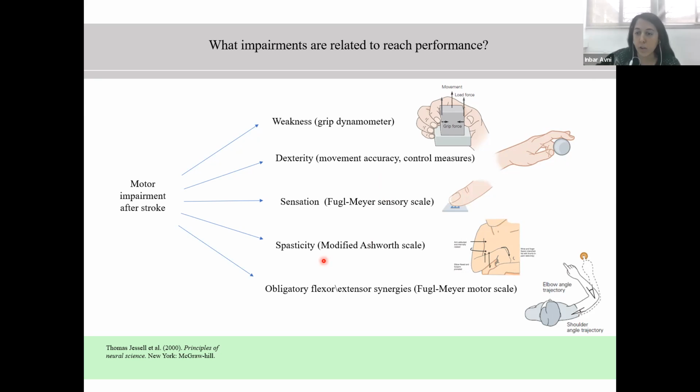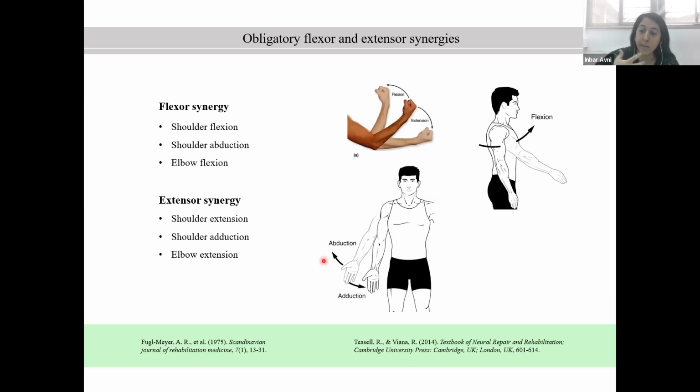And these abnormal coordination patterns we often refer to as flexor or extensor synergies. These are actually coupled multi-joint movements of shoulder flexion, shoulder abduction, and elbow flexion. This is in the case of flexor synergy, or shoulder extension, elbow extension, and shoulder adduction. And this is in the case of extensor synergies.